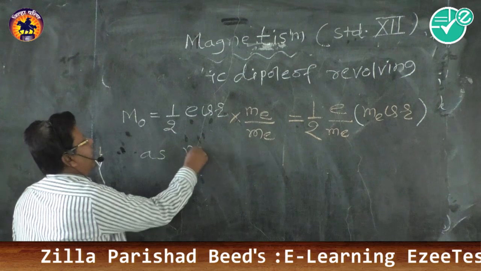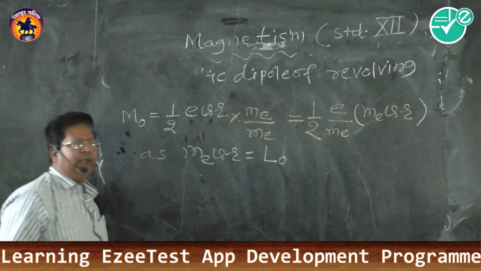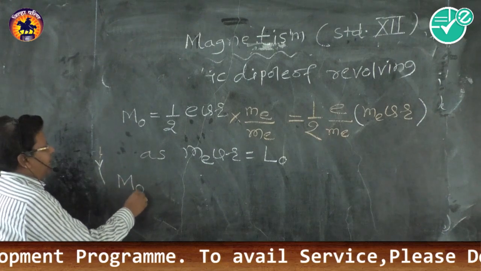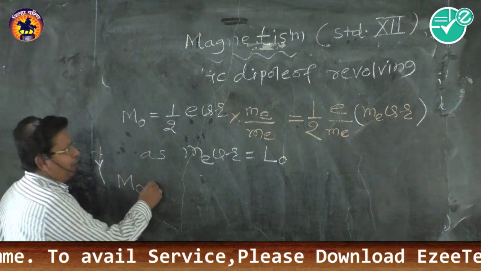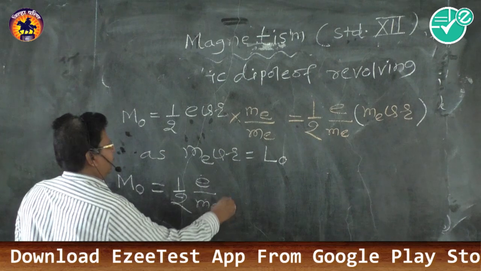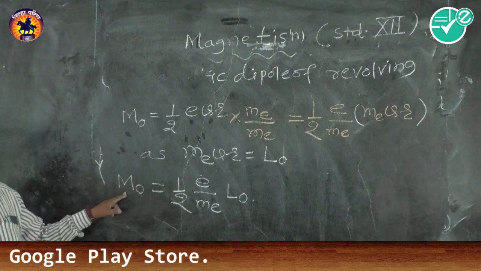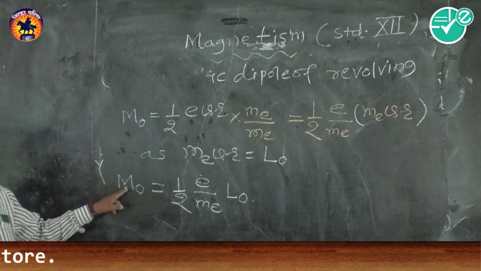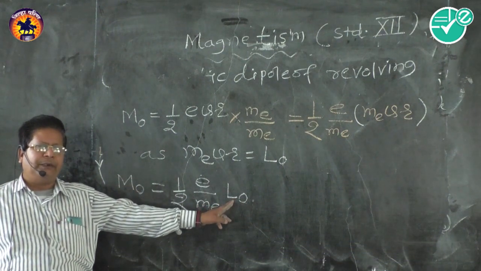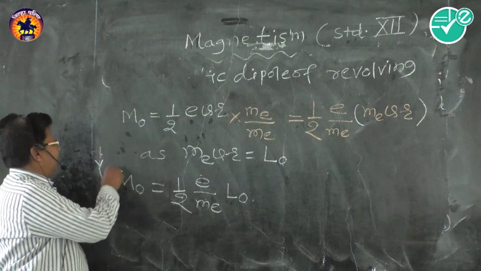So, as m_e v r is equal to the angular momentum of the revolving electron, then we write the orbital magnetic dipole moment M_O is equal to 1 by 2 into e divided by m_e into L_O. So this is another form of orbital magnetic dipole moment in terms of angular momentum.